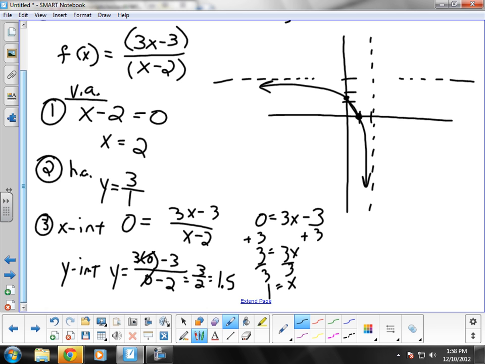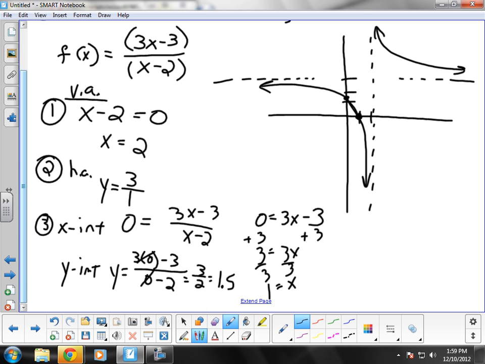Because I've got to come to this one, and can I cross this x-axis right here? So where does that force the other piece of this to live? Up in that top quadrant up there. Okay, so everybody see how I can kind of estimate where the graph's going to go based on the things that I know just from these 4 pieces right here.